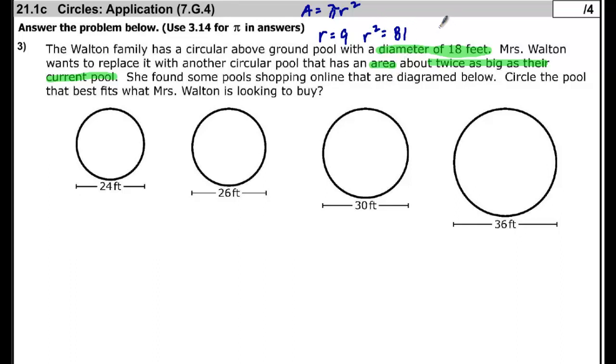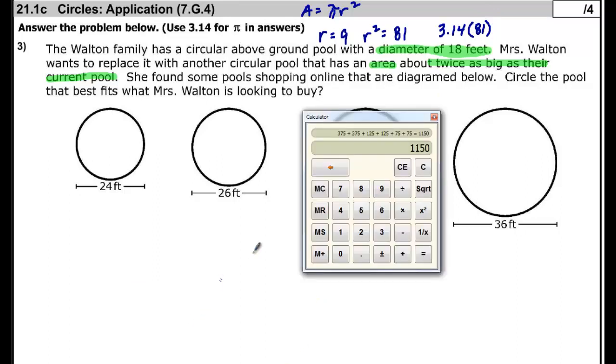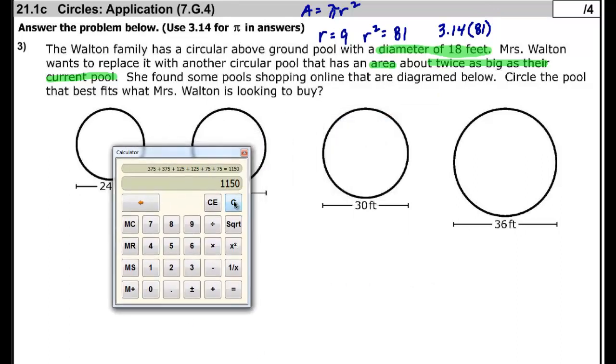And so we are going to have 3.14 times 81. Let's grab our calculator out. Remember, real tools for real problems. 3.14 times 81 equals 254.34.